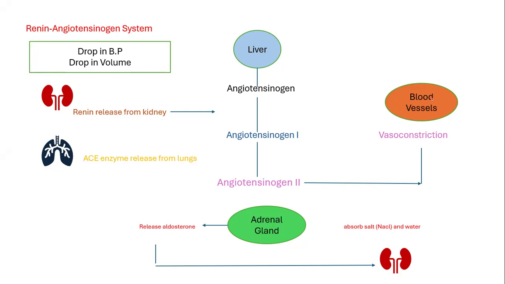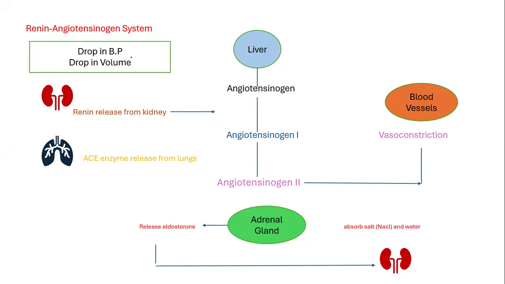The third concept, which is really important to understand these medications, is the concept of the renin-angiotensinogen-aldosterone system. So how does this system work? Whenever there is a decrease in blood pressure, or a decrease in volume, this volume can be decreased by any factors.